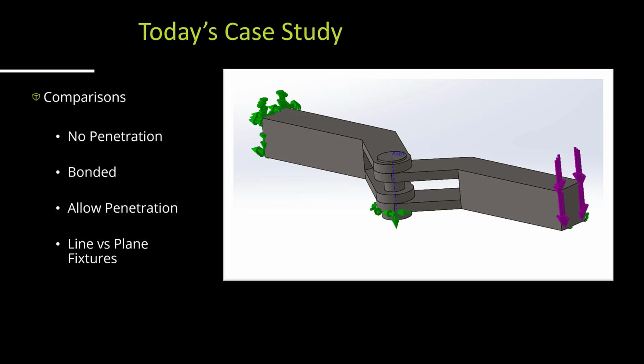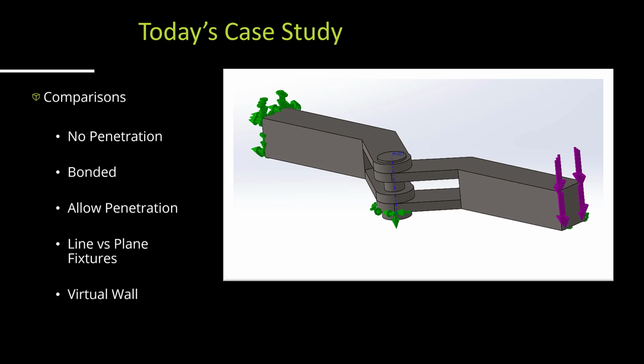For example, in the purple here is where I have my force load, and in the green I have a lot of fixtures. We need to make sure we keep those ideas very similar to each other, because contact sets are contacting pieces and faces in your model, whereas fixtures are our way to tell SOLIDWORKS, hey, hold this at this particular spot, whether it's a plane, a line, or a vertex. Or if we wanted to create a virtual wall, which is basically creating a plane.